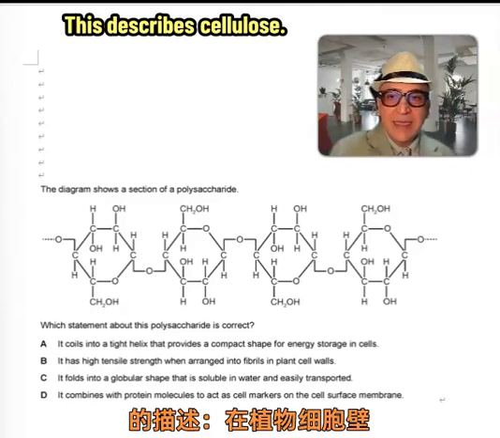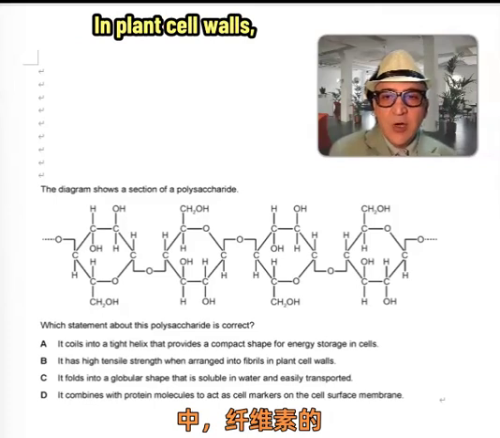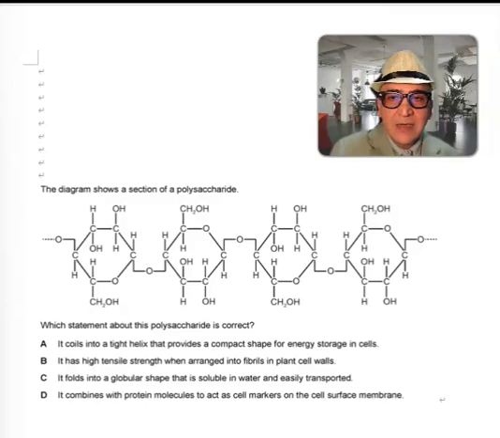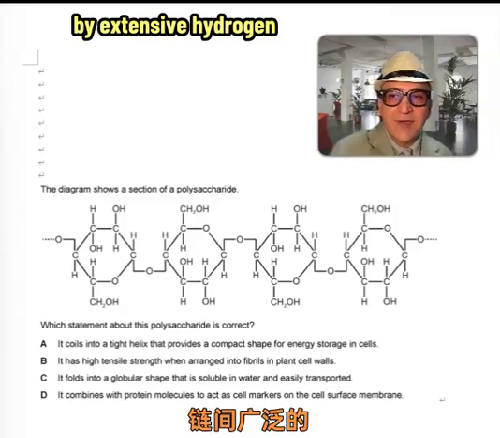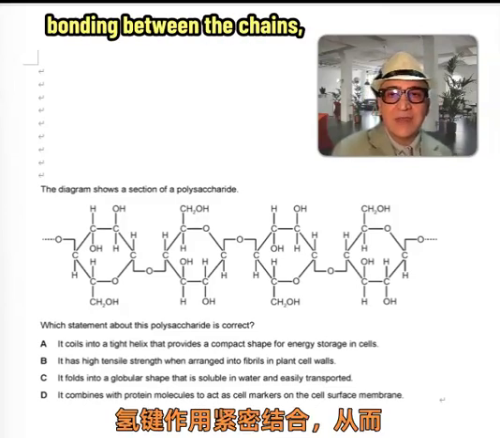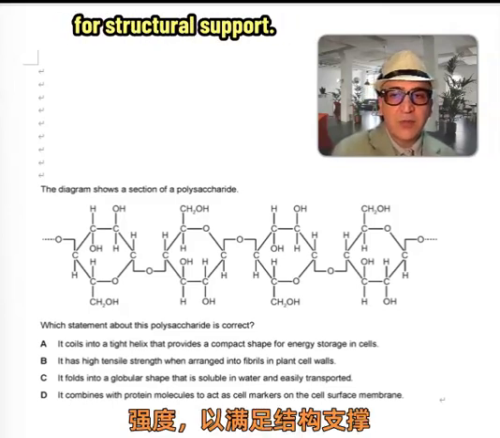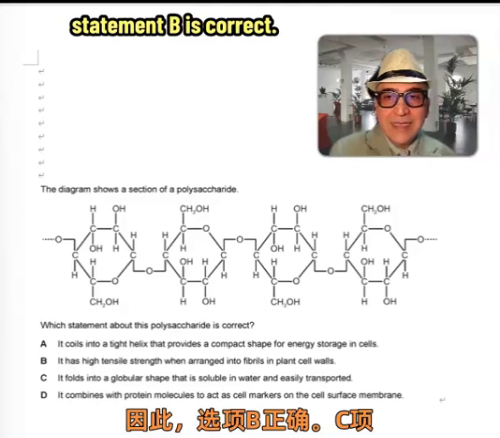This describes cellulose. In plant cell walls, the straight chains of cellulose form microfibrils, which are held together by extensive hydrogen bonding between the chains, giving them high tensile strength necessary for structural support. Therefore, statement B is correct.